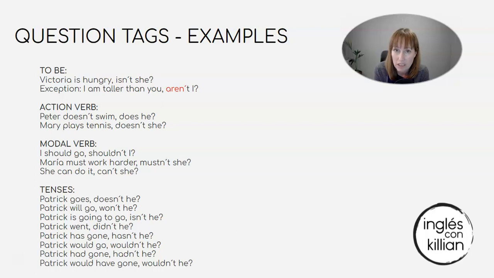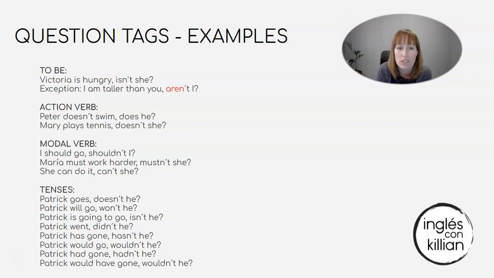So the modals don't have auxiliary. She must work harder, mustn't she? Or she mustn't work harder, must she? For example, she can do it, can't she? Or she can't do it, can she? Okay? Different tenses. Patrick goes, doesn't he? Patrick will go, won't he? Future. Patrick is going to go, isn't he?